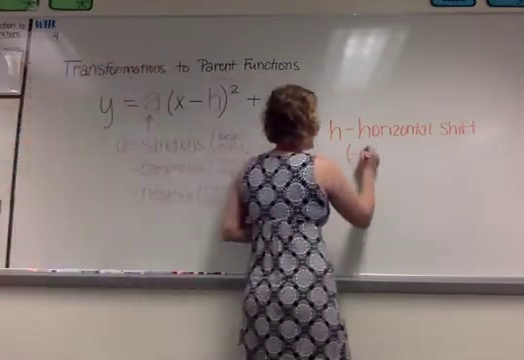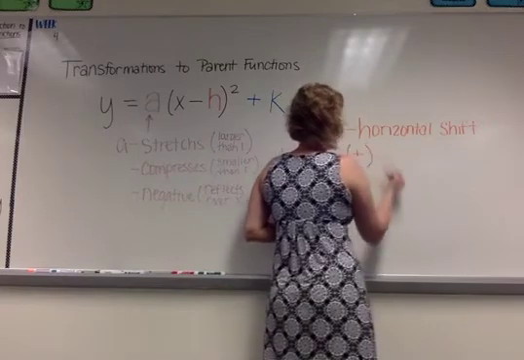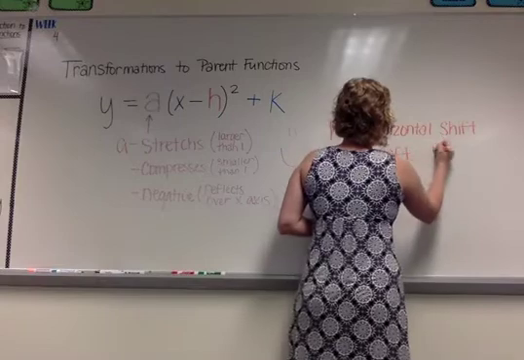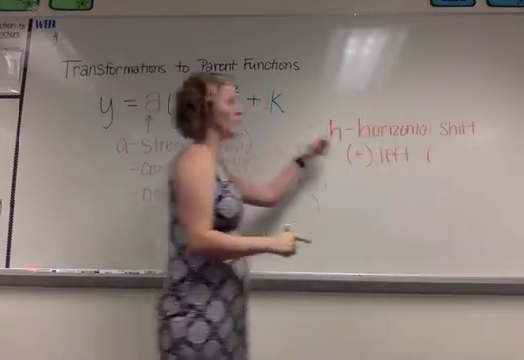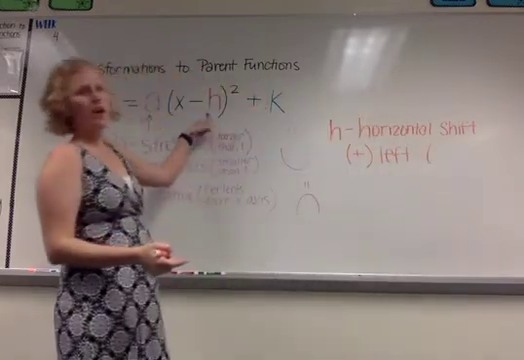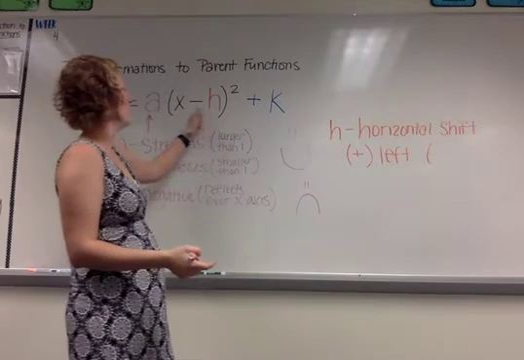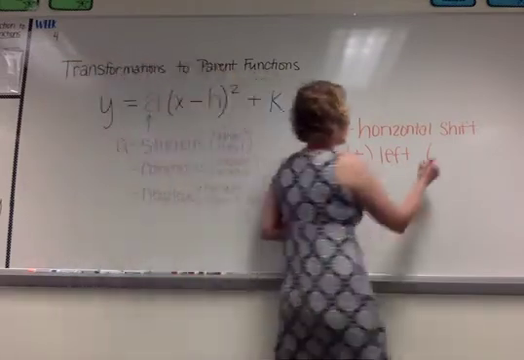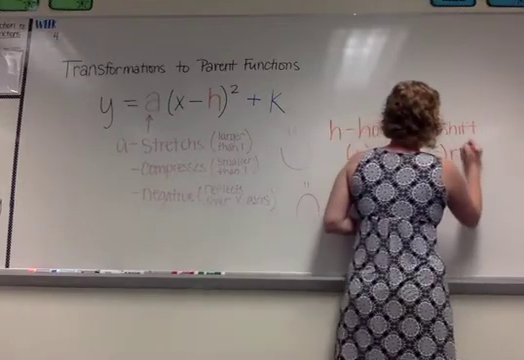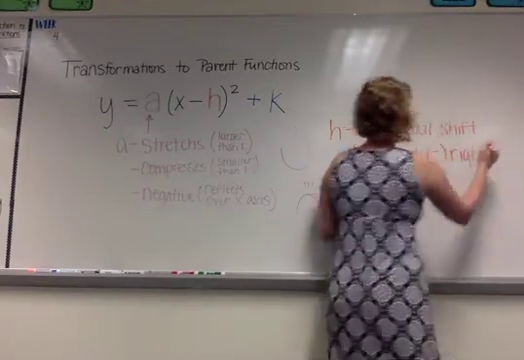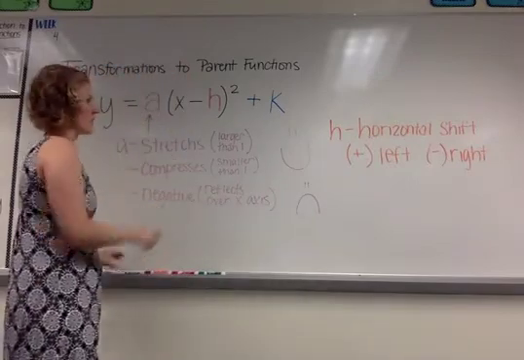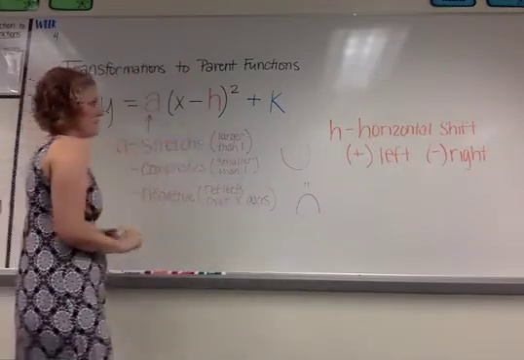So if it's positive, it moves to the left however many units. So if your h is -4, it would move to the right. Positive, it would move to the left. So if it's negative, moves right, and it's by however many units as well. Okay, so h is horizontal, that's why we use an h.